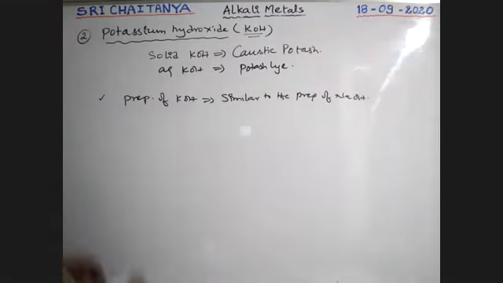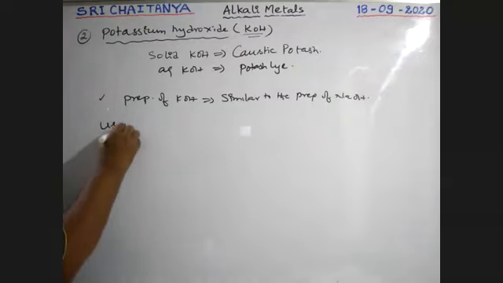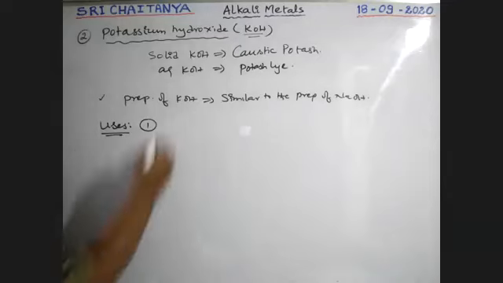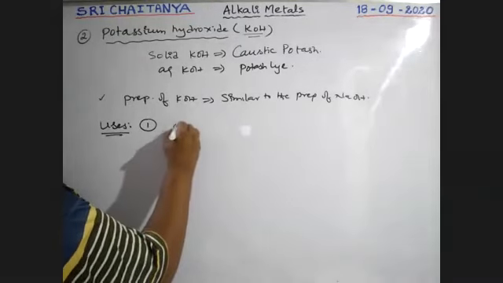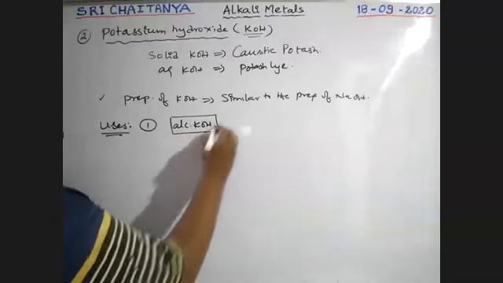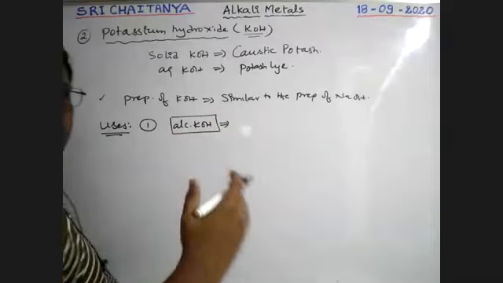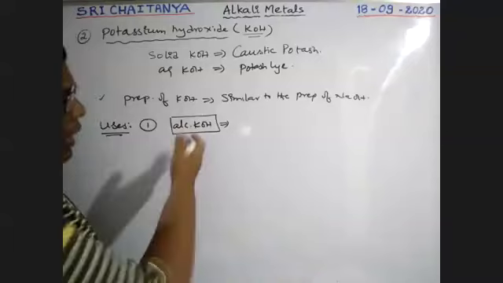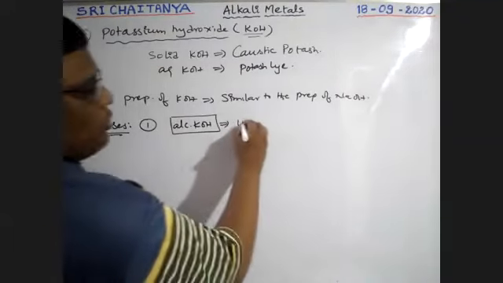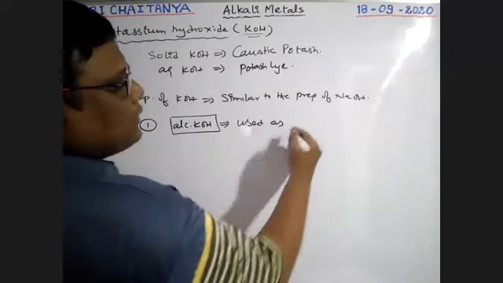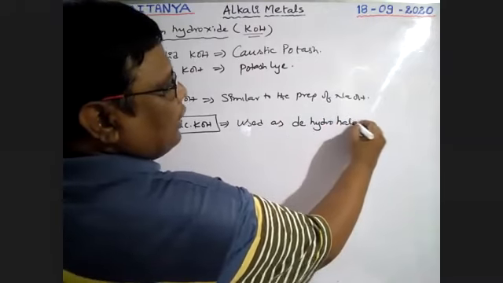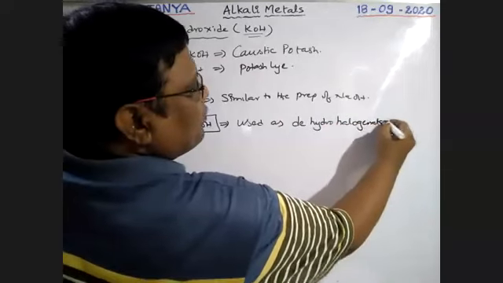See boys, what are the uses of KOH? First and most important, alcoholic KOH, which is frequently used in organic chemistry. Alcoholic KOH means KOH dissolved in alcohol. This alcoholic KOH is used as a dehydrohalogenating agent.